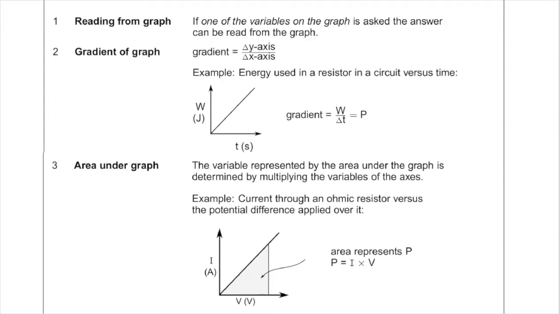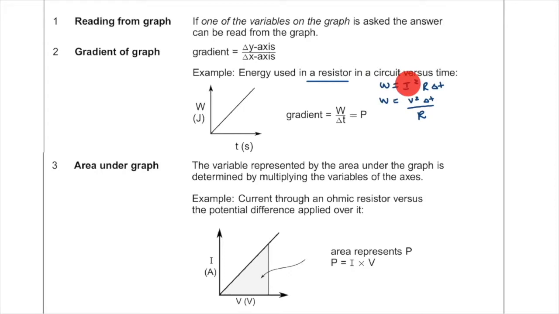If they ask you to draw a graph of energy used in a resistor versus time. Now, if we look at energy and time, and we're working with a resistor, so R is a constant, you can work with any of the equations that's got both the energy and the time in there. If they tell us they're in a circuit, we assume that everything in that circuit is going to stay the same.